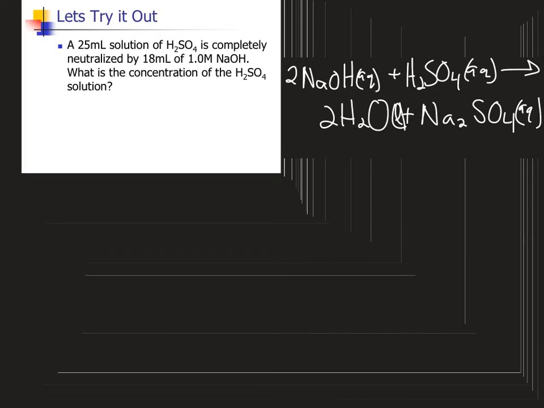So I need to find the number of moles. Well, how do I find the number of moles when I don't have a mass? Remember back that we had an equation: the molarity is equal to moles per liter. I have a molarity, I have a volume, and I have that of sodium hydroxide.